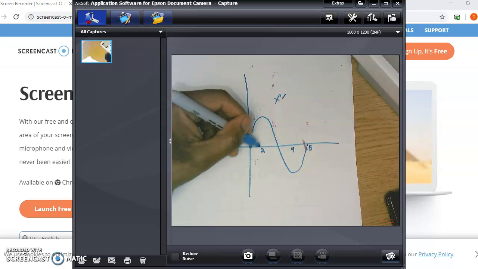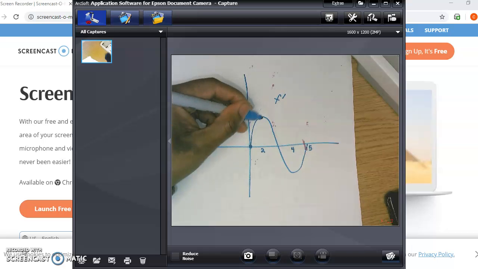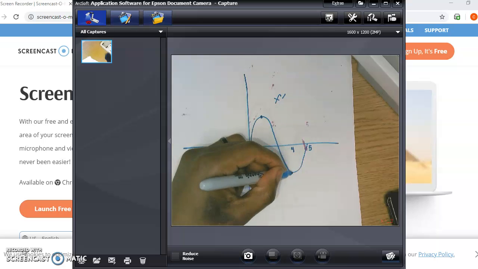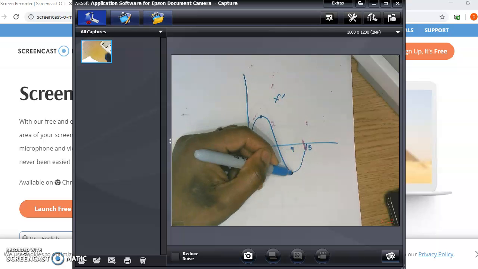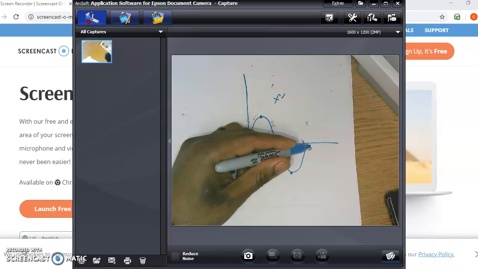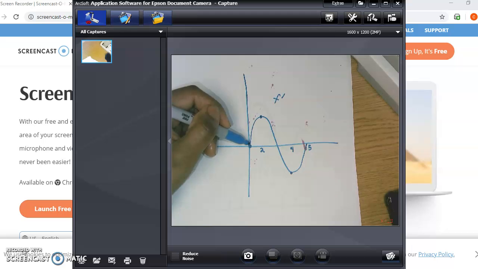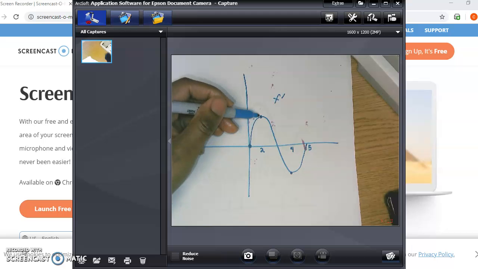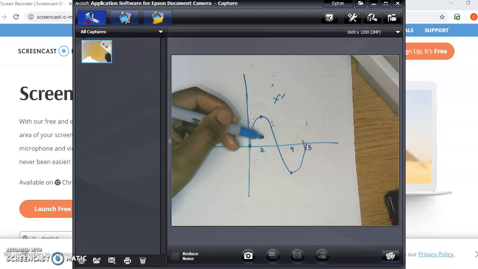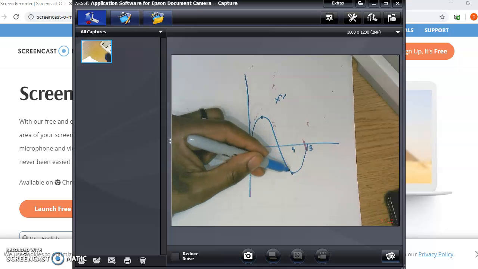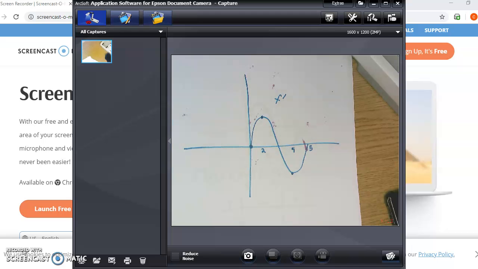We're increasing from 0 to 2, decreasing from 2 to 4, and then increasing again from 4 to 5. Since the first derivative went from increasing to decreasing, we know again 2 is a point of inflection, but then it goes from decreasing to increasing at 4, so 4 is also a point of inflection.